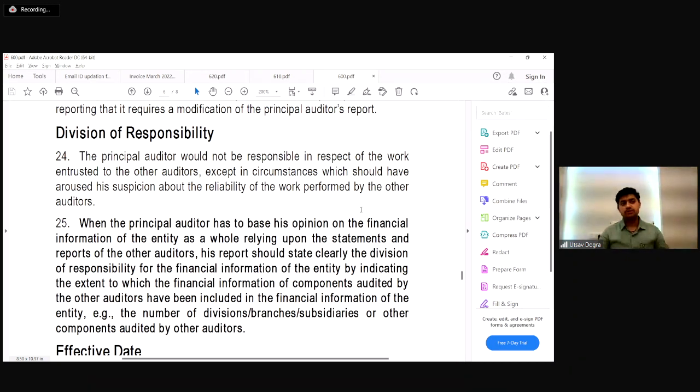So if the principal auditor has relied on that work and placed his opinion based on the other auditor's report, and the other auditor's report is found in the future to be incorrect, the other auditor would be responsible for whatever report he has given, and he should be prosecuted for this. And if the other auditor's report was clean and there was nothing that should have aroused the principal auditor's suspicion, the principal auditor would not be held responsible for it.